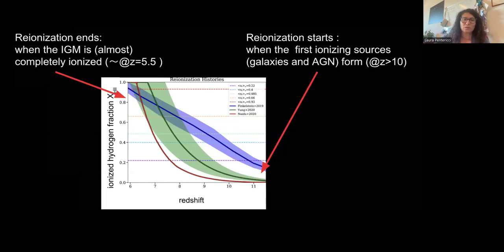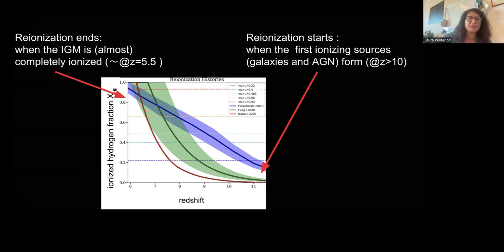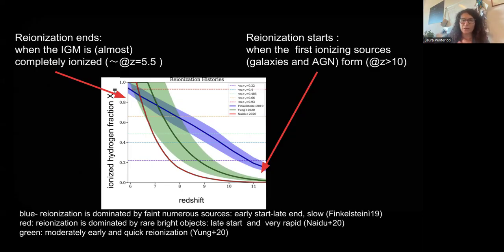So again, you've probably seen this plot in the previous lecture. These are just to show the competing scenarios, where you have some scenarios in which ionization goes very slow and starts very early. So this is hydrogen fraction versus redshift. In some scenarios, you have an early start and a late end, but in some scenarios, you have a late start and maybe a faster end.